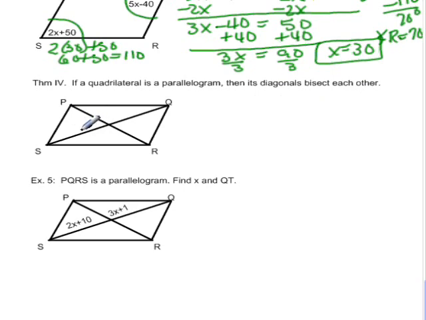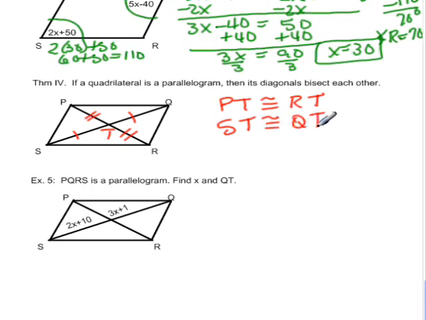If this was T in the middle, that means that ST is congruent to QT, and that PT is congruent to RT. So let's write that down. PT would be congruent to RT, and ST would be congruent to QT.